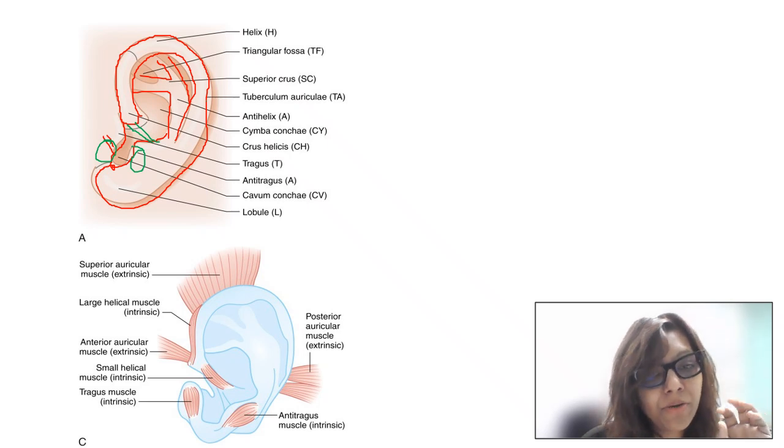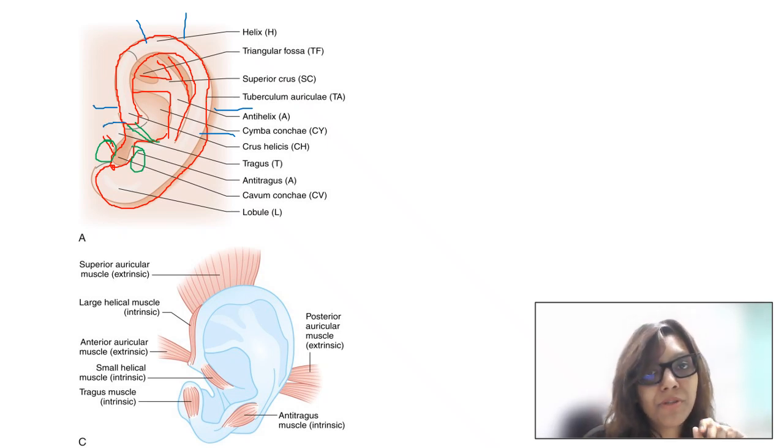These are what you need to remember for the intrinsic muscles. The extrinsic muscles are the superior auricular, the posterior auricular, and the anterior auricular muscles. These are adequate for you to remember for the exams.